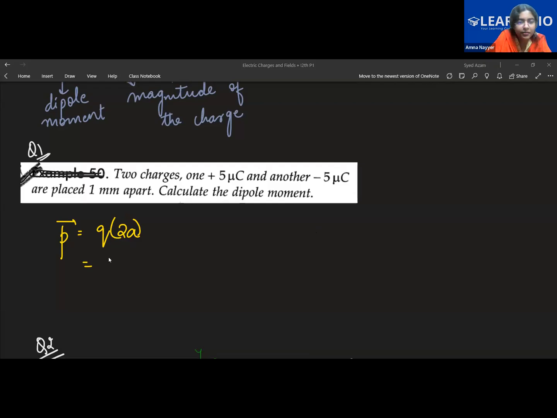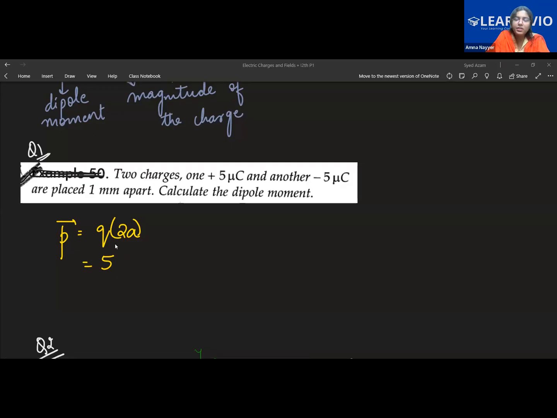Five is not the charge, the complete charge that is given.